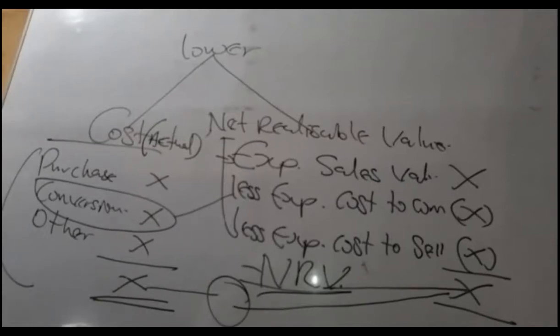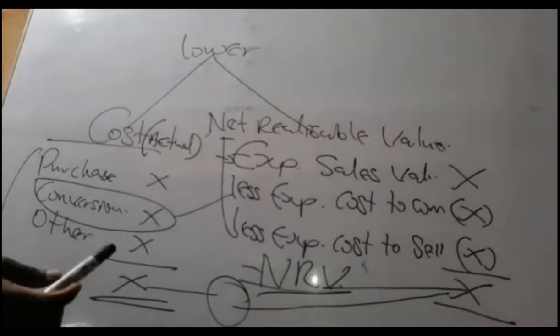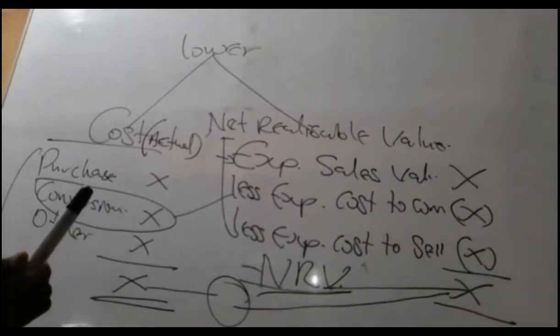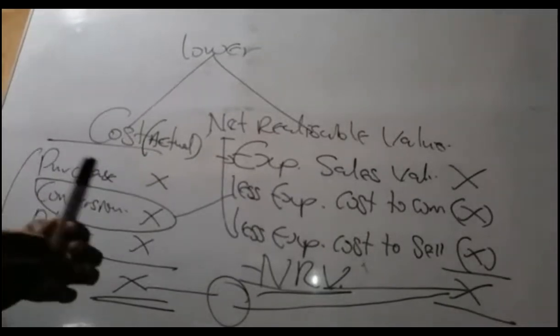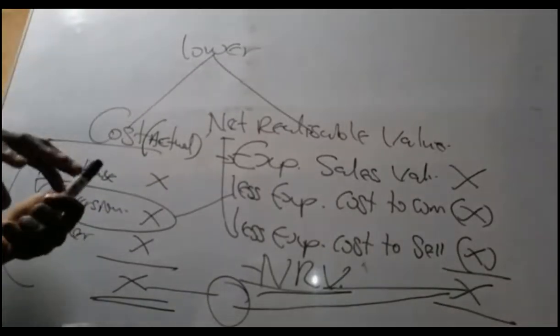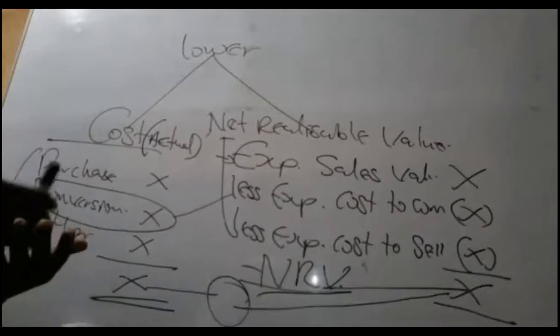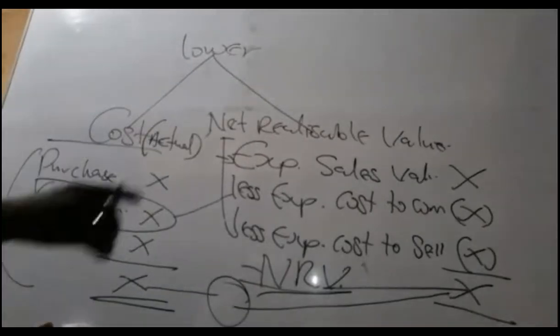Good. Now, expected cost to complete is the cost that I have to incur, or the work that I have to perform on this marker before I can sell it for that amount I'm quoting.